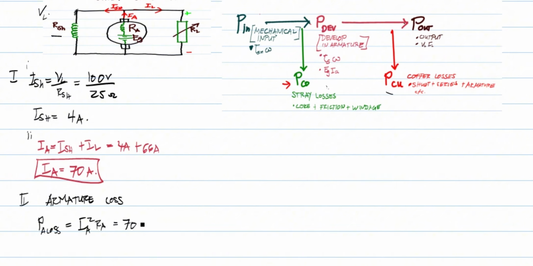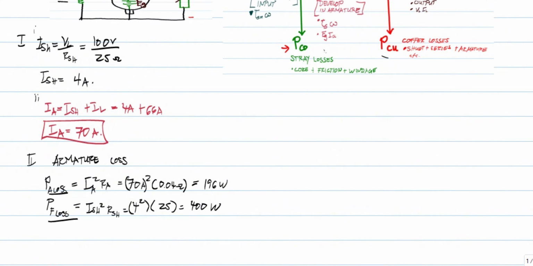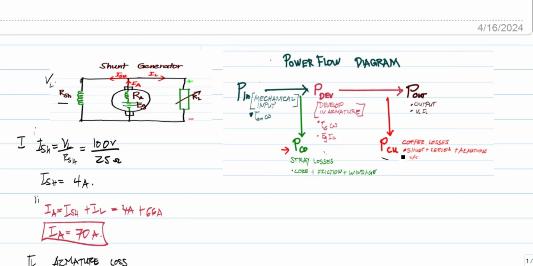So we have 70 amperes squared times RA of 0.04 ohms, which is 196 watts. Also the shunt field loss is 400 watts.